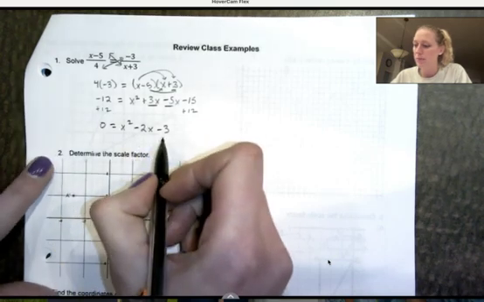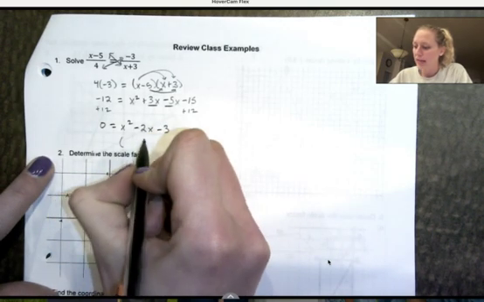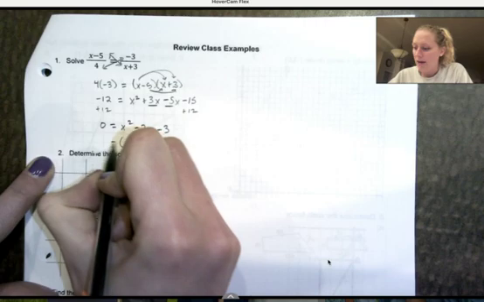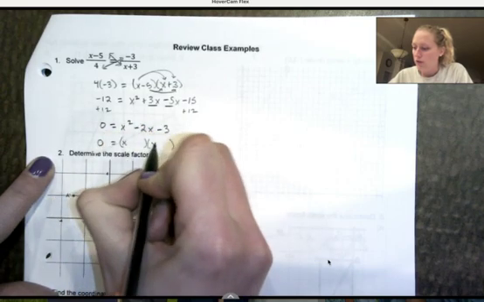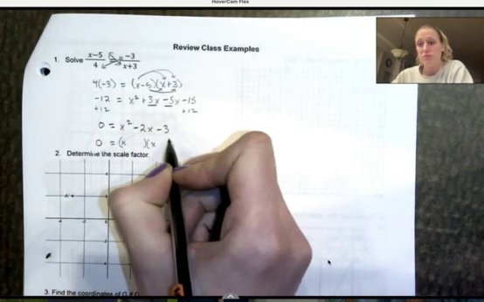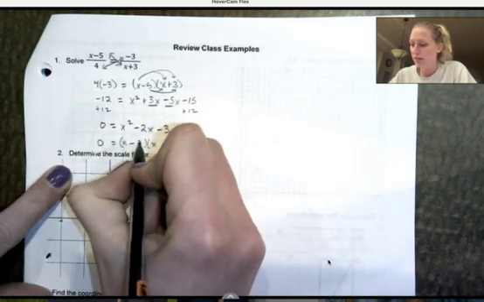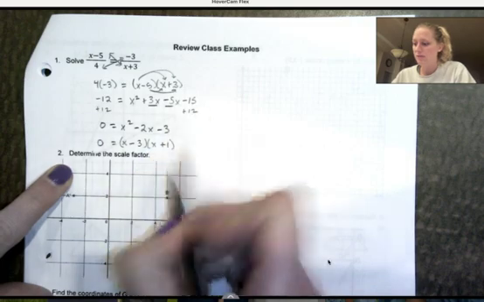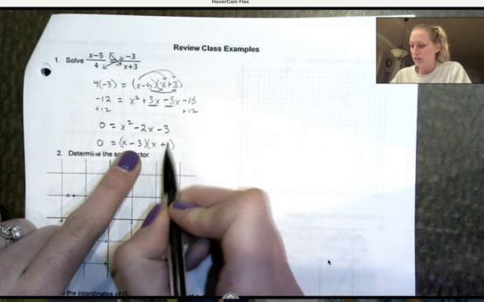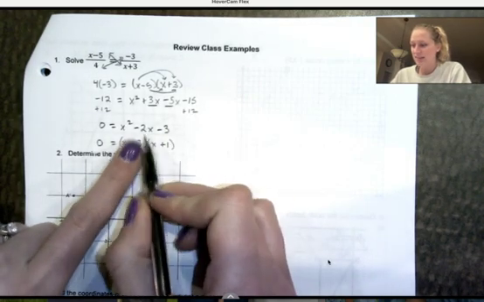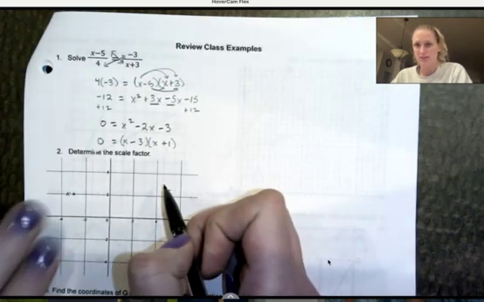I'm looking for two numbers that multiply to be negative 3 that would add up to be negative 2. Numbers that multiply to be negative 3 would be 3 and 1, where one of those numbers is negative. If I make the 3 negative and the 1 positive, they multiply together to be negative 3, and they add together to be negative 2. That is my correct factors.